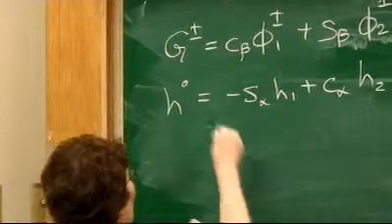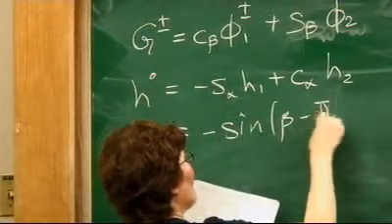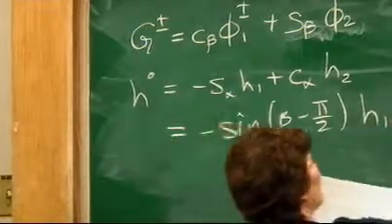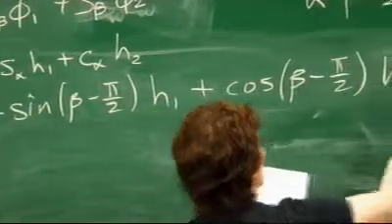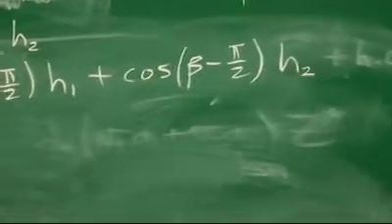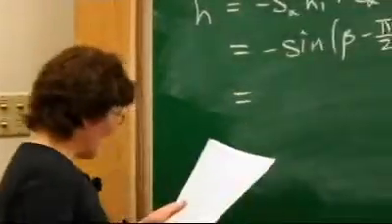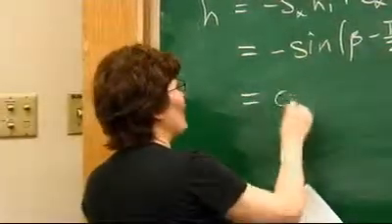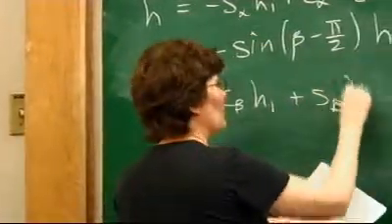And you can plug that in here and here, and what you wind up with is, if you think about the sine and you go back by pi over 2, and then you flip, you can look up some trig identities, right? This is just identically cos beta h1 plus sine beta h2, okay?